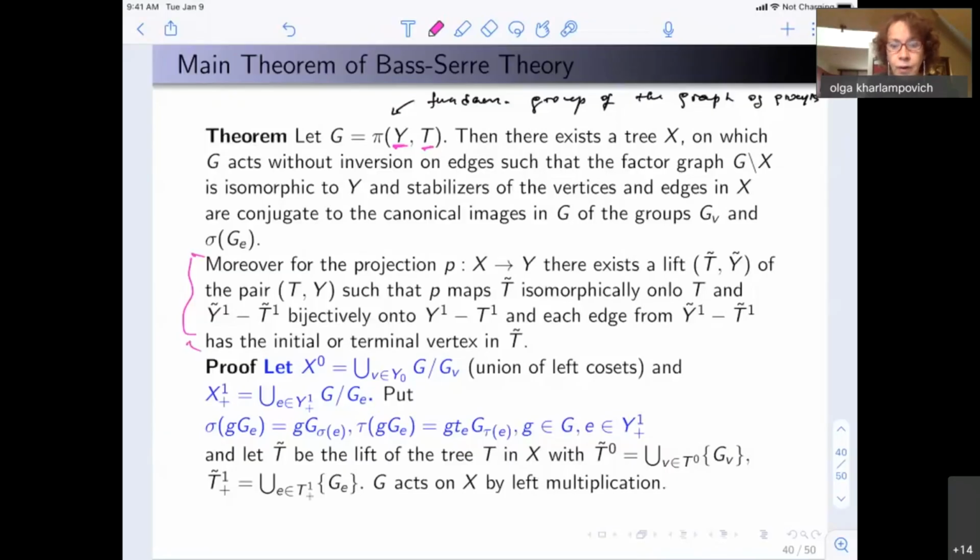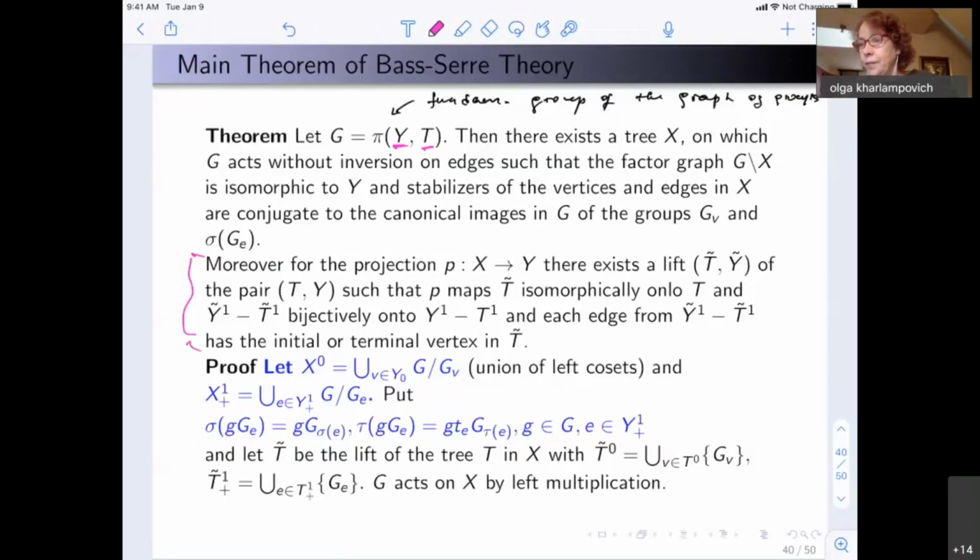But for tau of gG_E, we have to put this letter T_E in here. Again, if the edge belongs to the tree, then there is no letter T here, because the letter T is 1. If the edge does not belong to the tree, then the letter appears here. So in one direction, we have the fundamental group of a graph of groups.